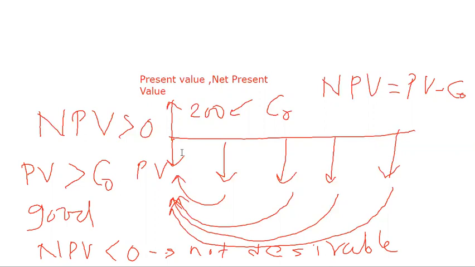Why? Because a negative net present value means that the present value of the savings you are going to get from doing an energy investment would not recover the money you have invested, that is C naught. If you are not getting back the money you invested, then from the economic point of view, that option is not a good option to invest in. So you see that net present value gives a very good idea about whether or not to invest in an energy conservation option.